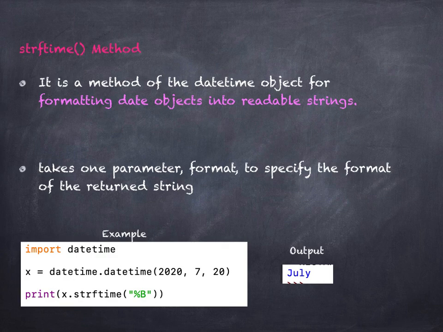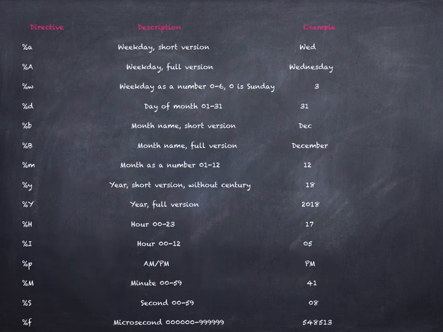In order to display the English name of the corresponding month, we are using the format %b. So give x.strftime within brackets, in which you specify the format you want to print the output in, and that will be displayed in the output. Here the output displayed is July. There are various formats available. We'll see them in the next slide.